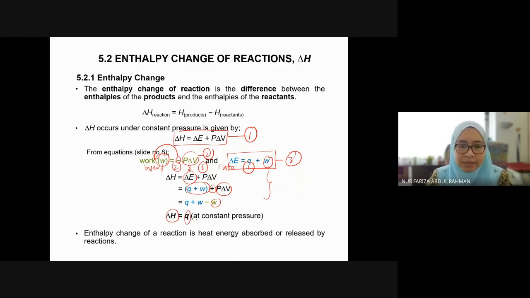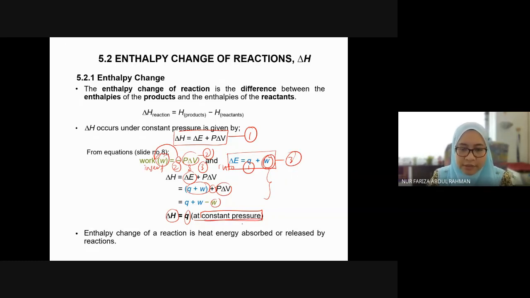This is applicable at constant pressure only. If it is constant volume or the pressure is no longer the same, that means it's not suitable. We have to consider the work done. We have to check whether the system or the reaction performs any work there.